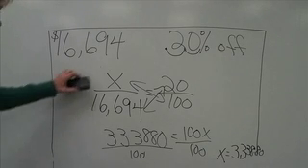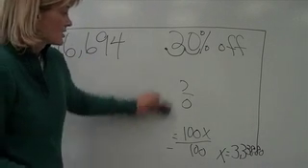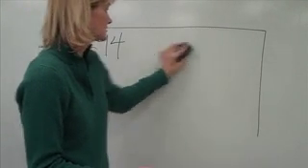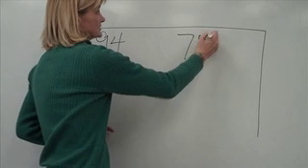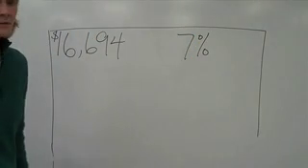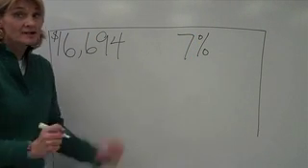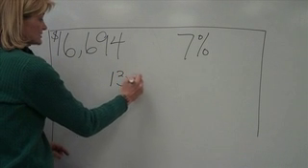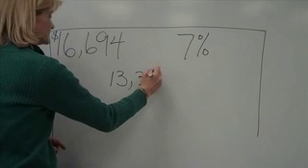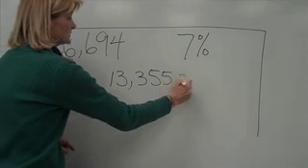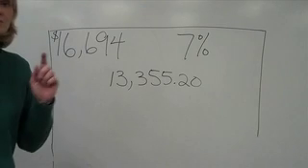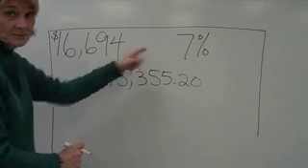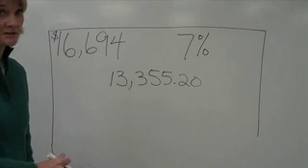Okay, now that we have the price of the truck, we have to go back and add in the sales tax. We're finished with our discount. Sales tax is 7%. The new price of the truck, the sale price, is now $13,355.20. And we will do the same exact thing with the tax as far as multiplying by the percent as we did with the discount.